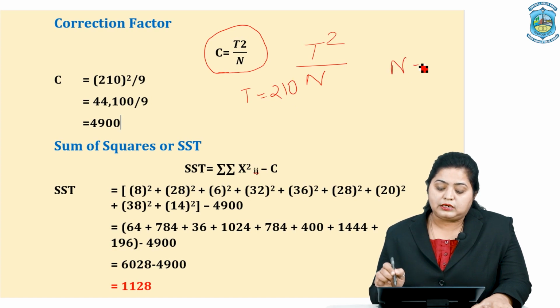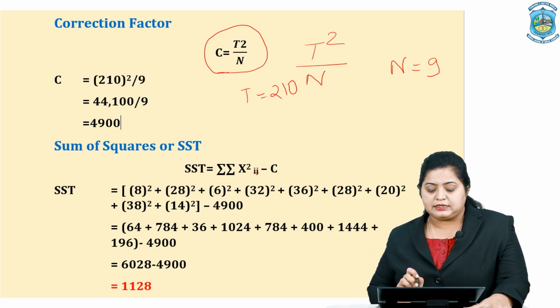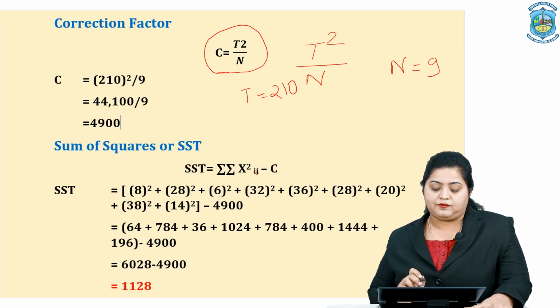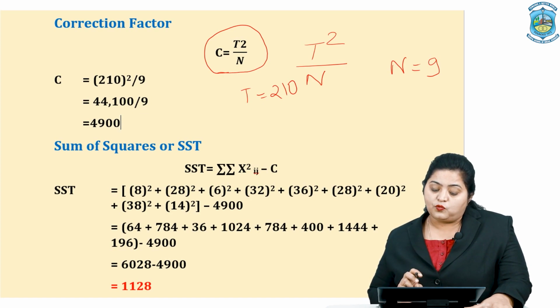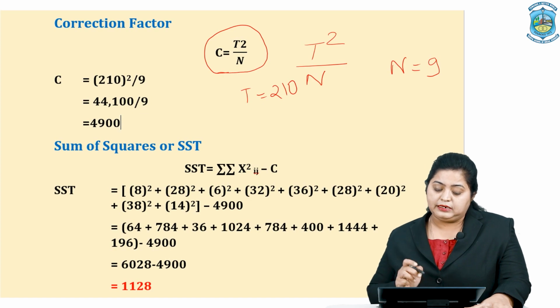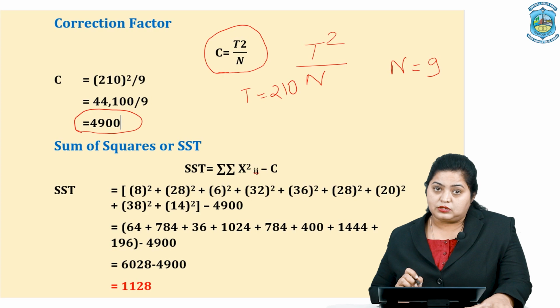N is the total number of items, which is 9. So the correction factor, T square divided by N, is 210 square divided by 9. So 210 square, that means 44100, divided by 9. So our correction factor is 4900.